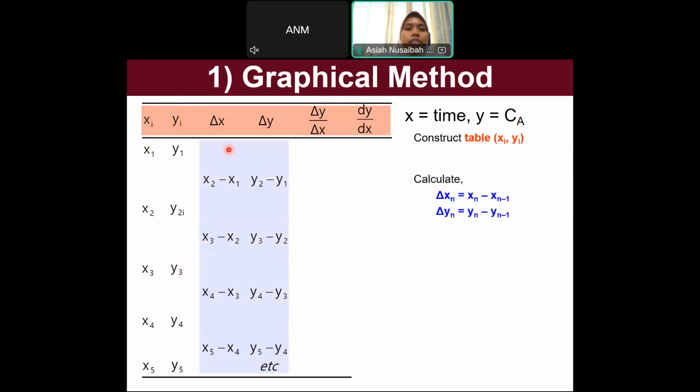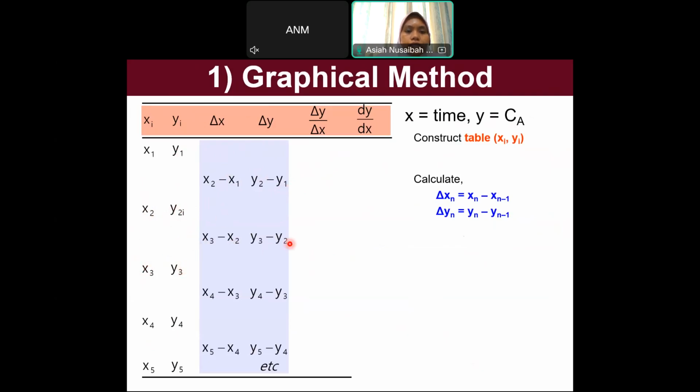Then we have to find the changes of x and also the changes of y by simply deducting. For example, this part is x2 minus x1, so we got the changes here. y2 minus y1, we got the changes here, and so on. We find the difference between x here, and the difference between y here.